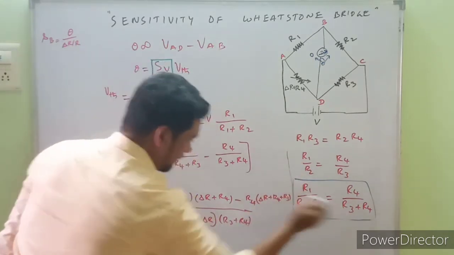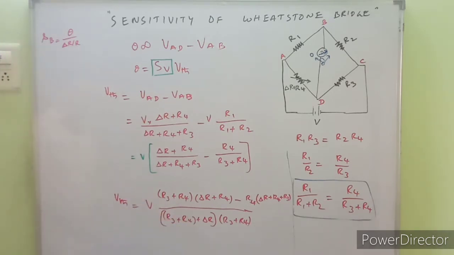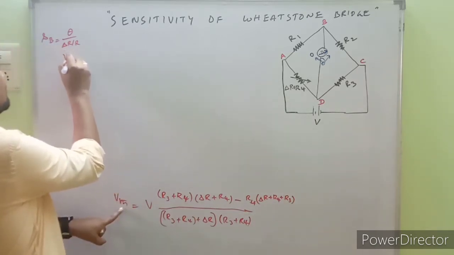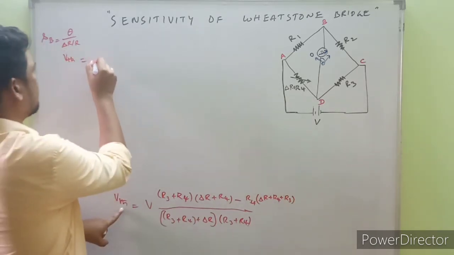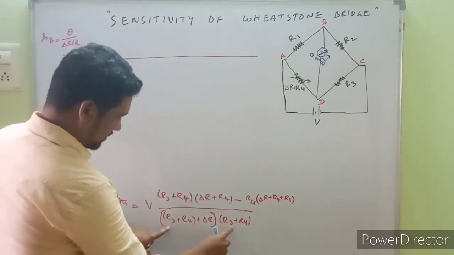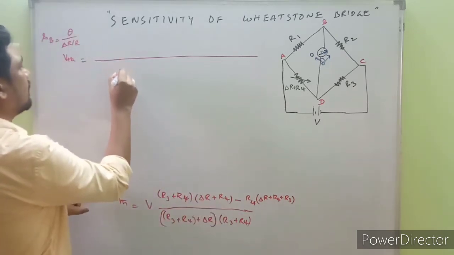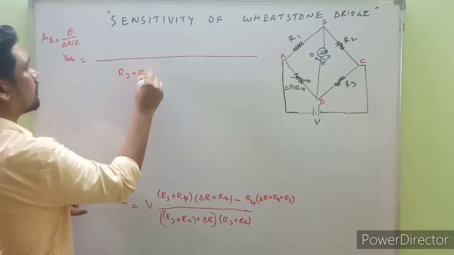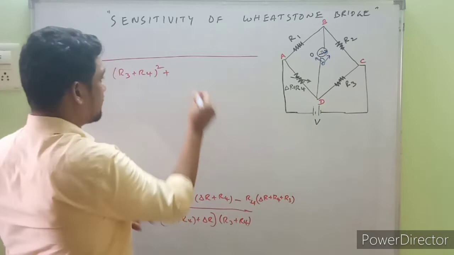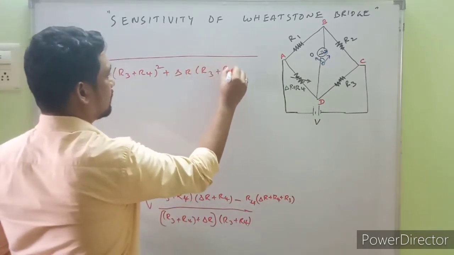So cross multiplying, we have this. Make a note. Simplifying this Thevenin's voltage, VTH will be equal to, watch carefully: in the denominator, this into this, R3 plus R4 into R3 plus R4, will be R3 plus R4 whole square, plus del R into R3 plus R4.